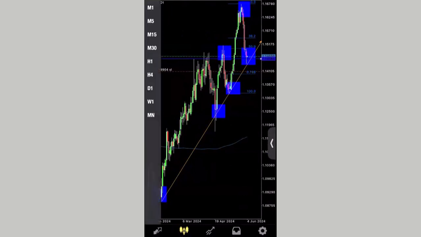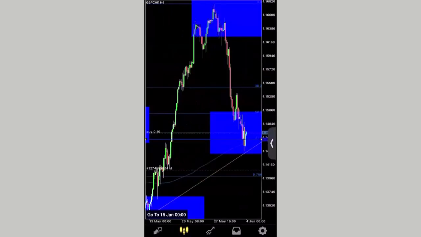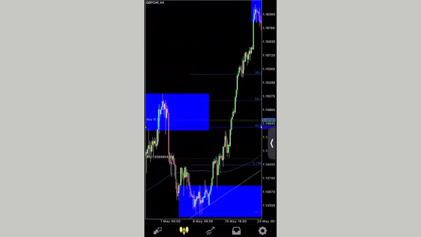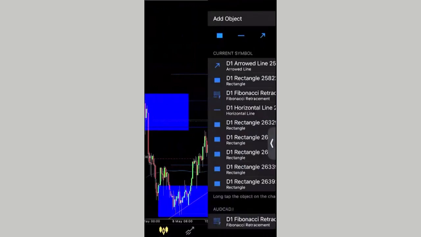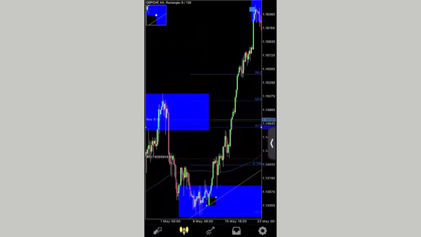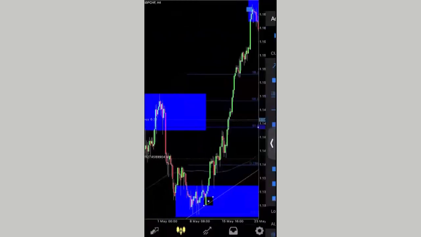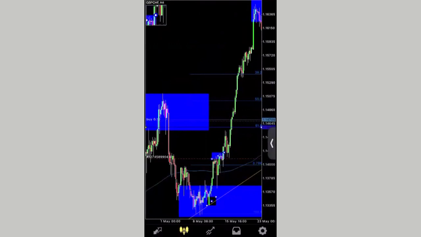Because if I was looking at the H4, I'd probably be looking at a smaller picture: we got a low over here, a high over here that came to create another low over here, and then I draw my Fibonacci from here to over here.